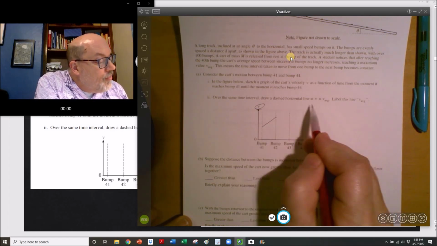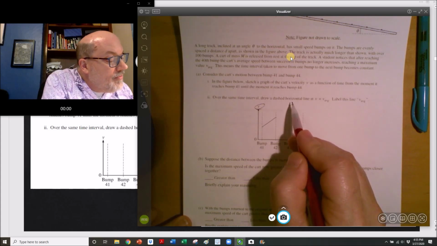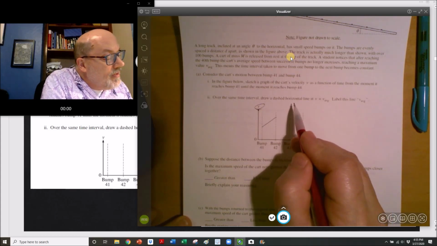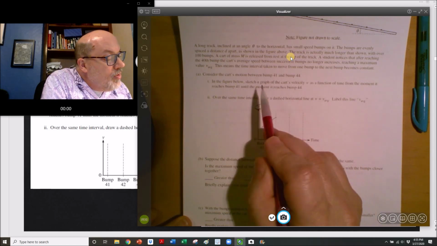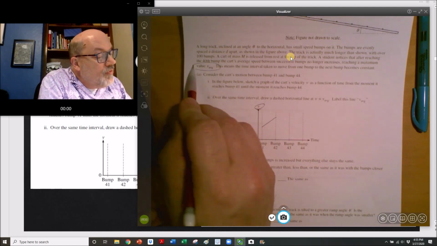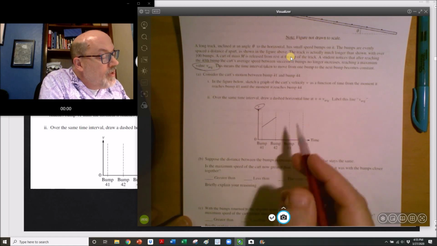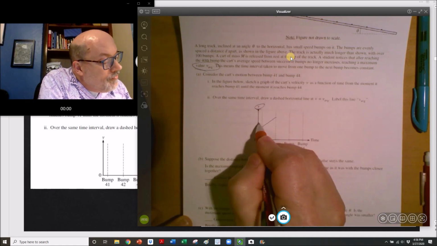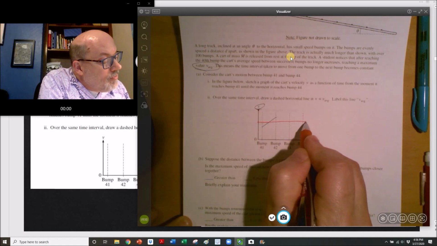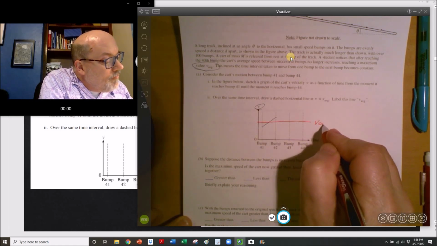And it says that we have a constant velocity, the section where we have reached an average velocity. So we're going to have an average velocity through here. Let me draw that in a different color. So our average velocity will be here, V average.